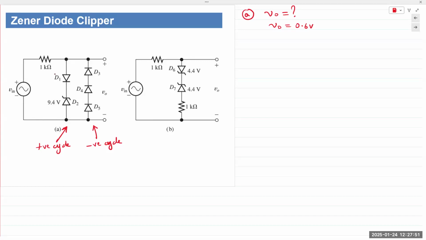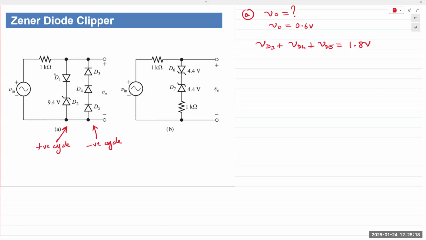So the combined voltage drop, VD3 plus VD4 plus VD5, means the diodes are going to remain off in the negative cycle until Vin drops below minus 1.8.